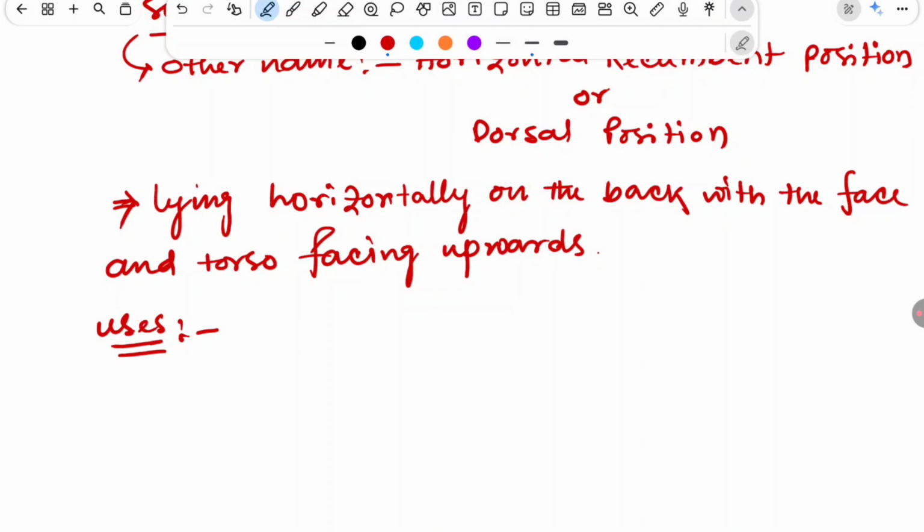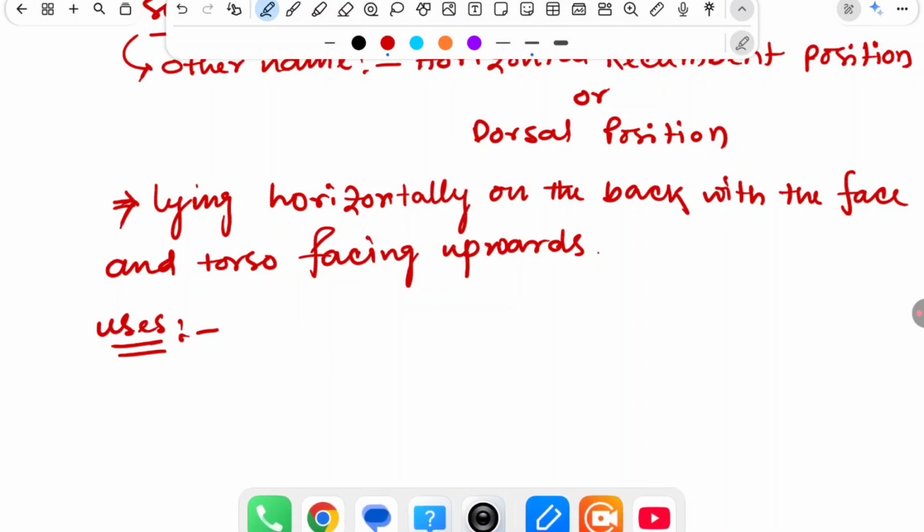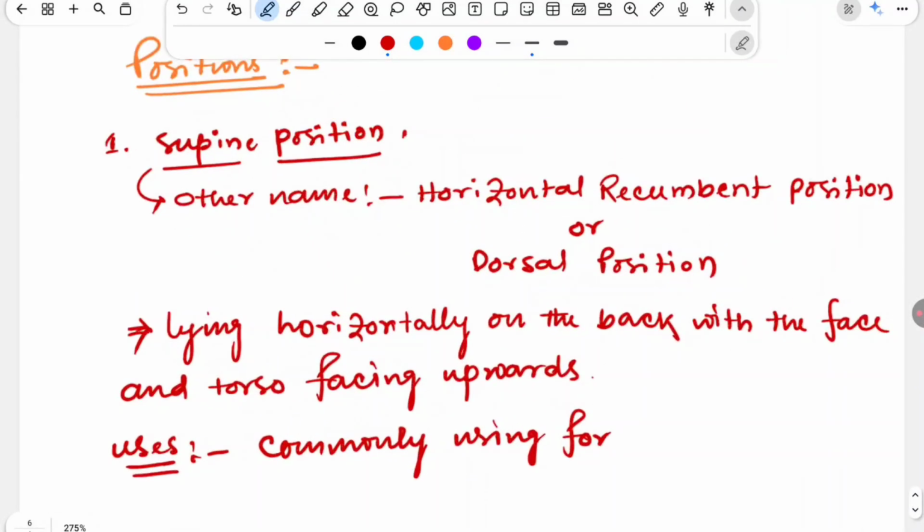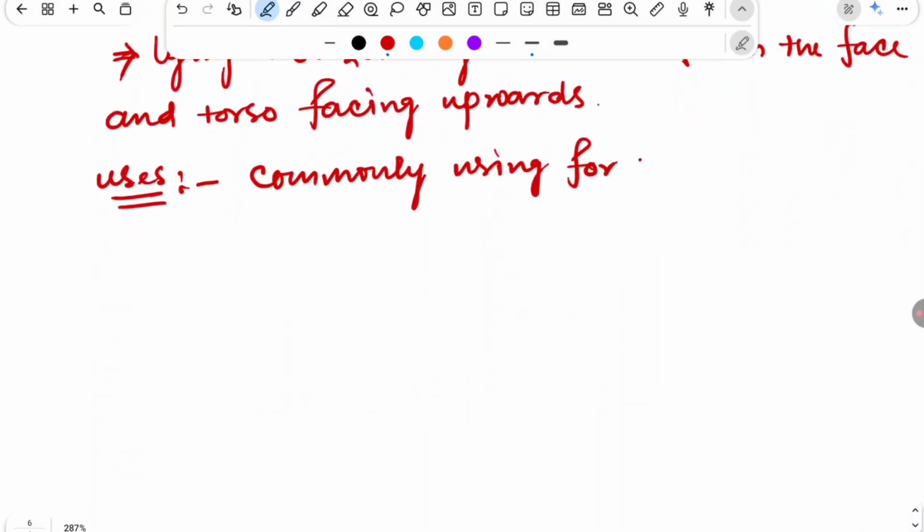Where we can use this supine position? Commonly we are using for sleeping. Normally we are sleeping, no?